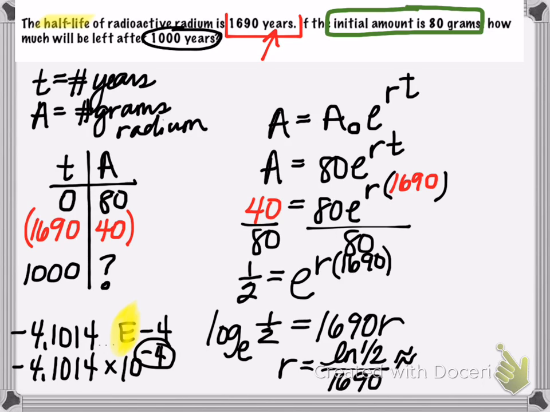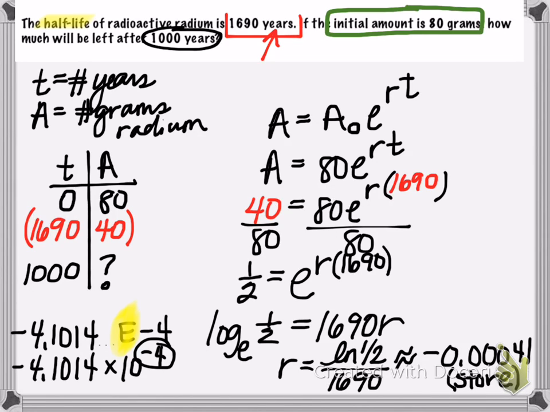So really the R value would be negative 0.00041. And that's not the exact value, that would be an estimate, an approximate value. And since we are going to use this value in our later computations, you'll want to go ahead and store this value using the store feature on your graphing calculator.